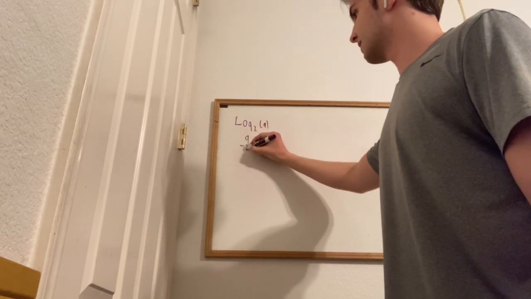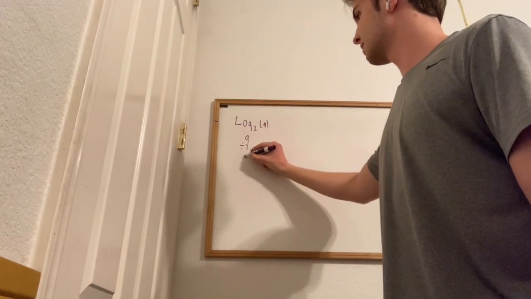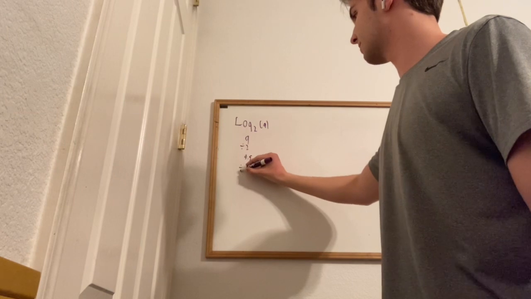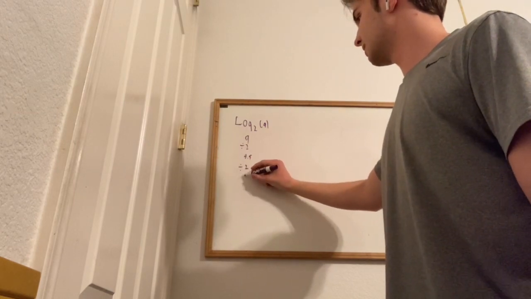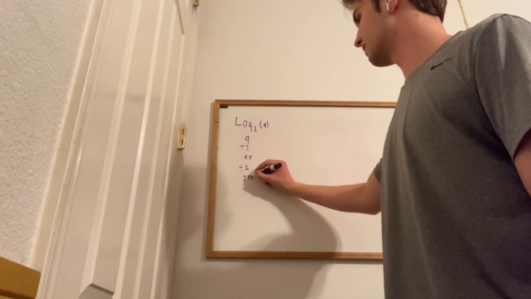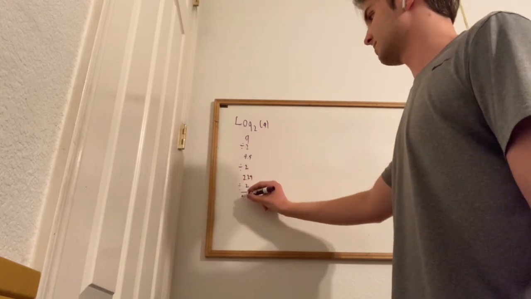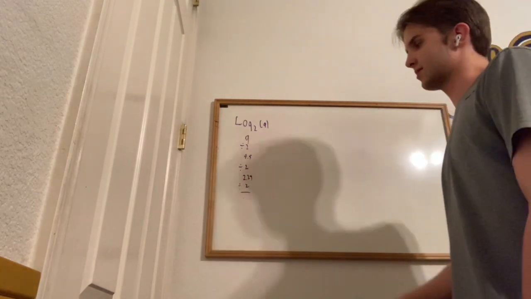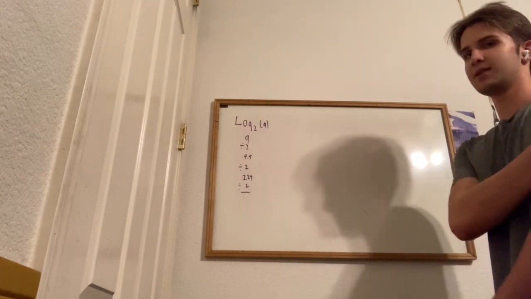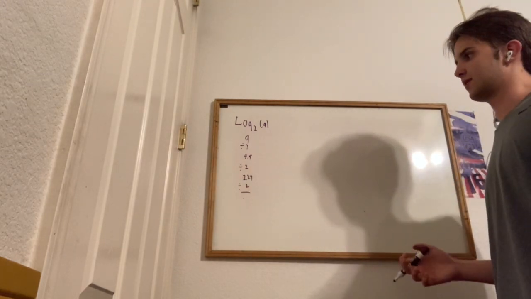So 9 divided by 2 is 4.5, divided by 2 is 2.25, divided by 2 is just going to be some number that's less than 2, and then you stop there because it isn't able to keep being divided by 2 and giving you a whole number.